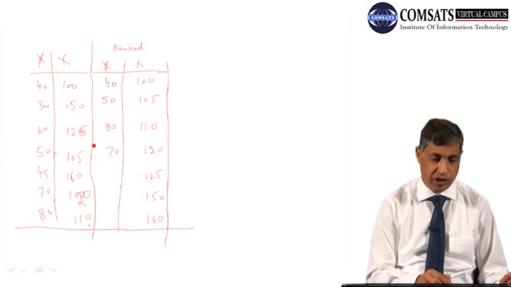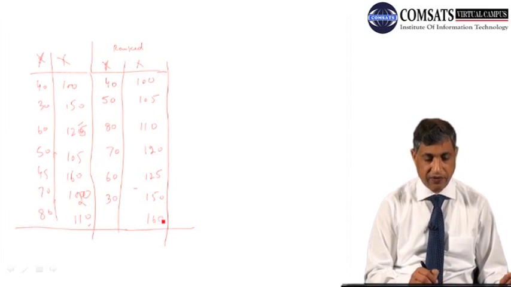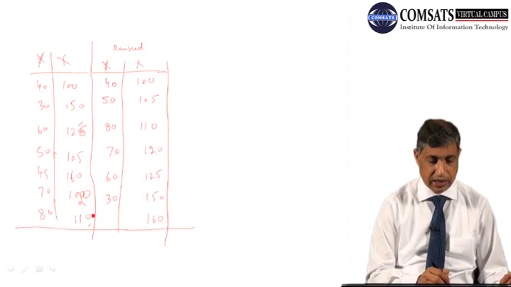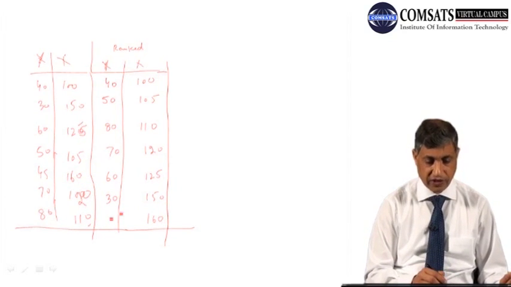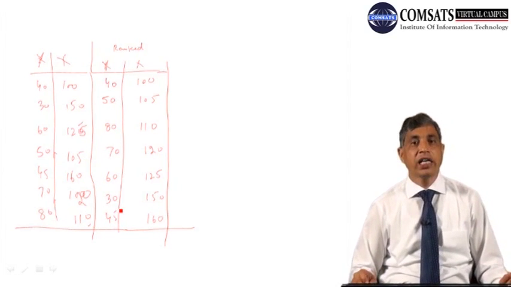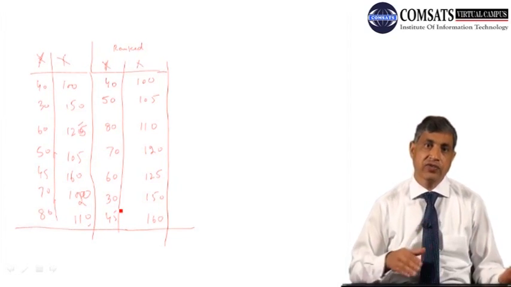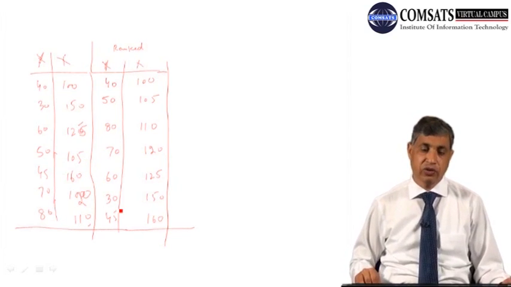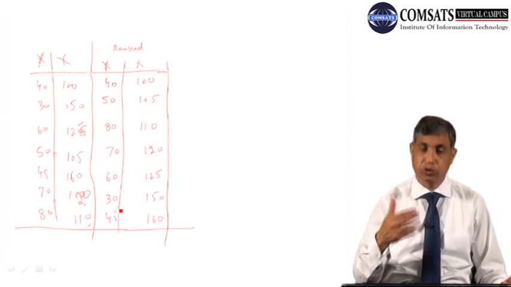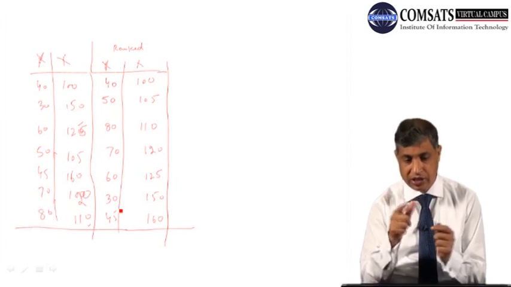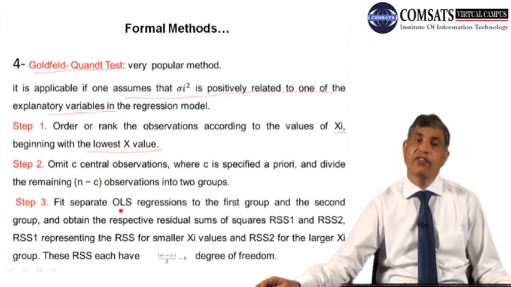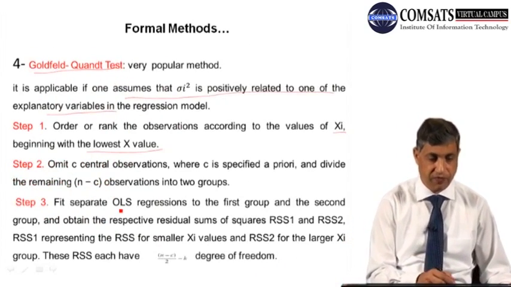When x was 125, y was 60. When x was 150, y was 30, and when x was 160, y was 45. Now I have arranged the x values in ascending order, and against them the corresponding y values, which are not necessarily ascending or descending. We are just concentrating on x. Our first step is over, and this step is clear.